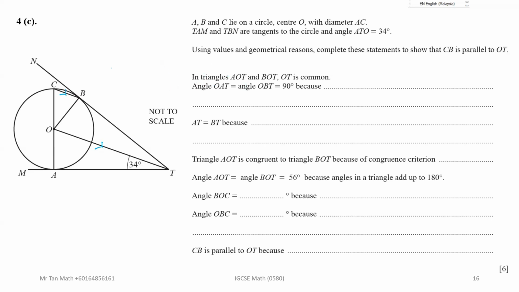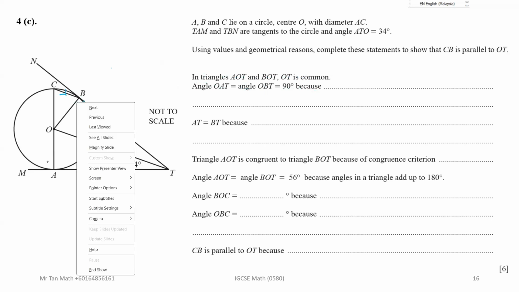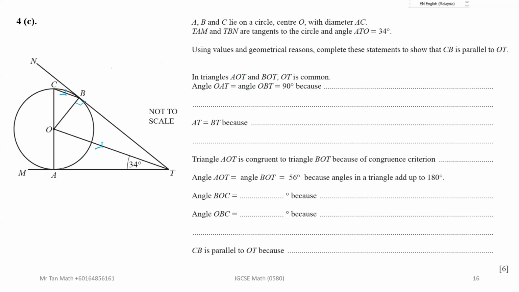In triangles AOT and BOT, OT is common. Angle OAT equals angle OBT equals 90 because, so we are talking of this angle OBT, it's because of the tangent.